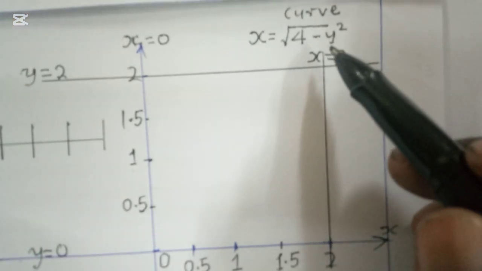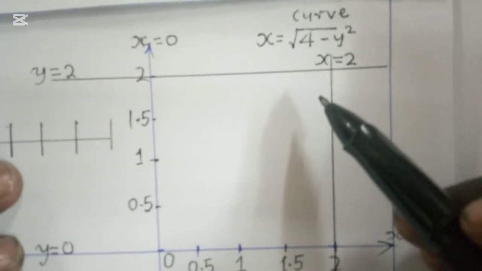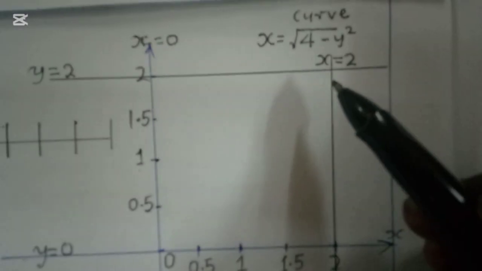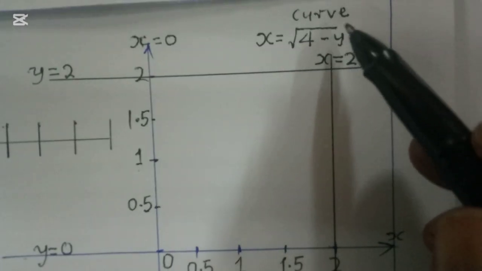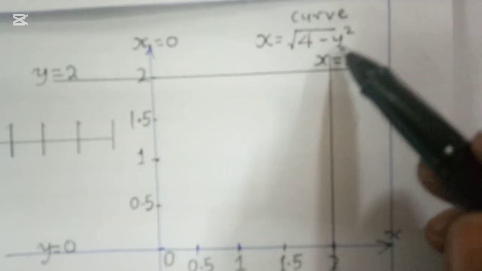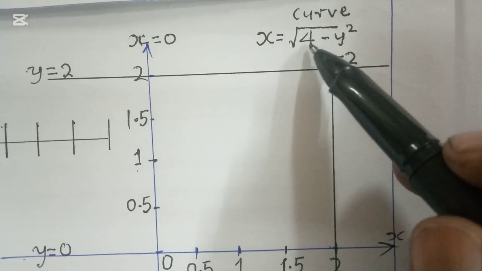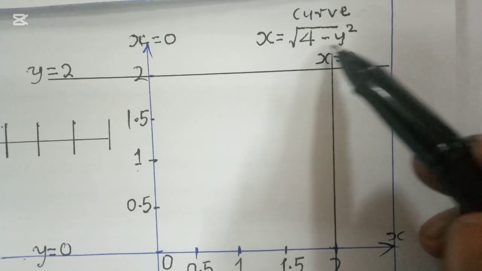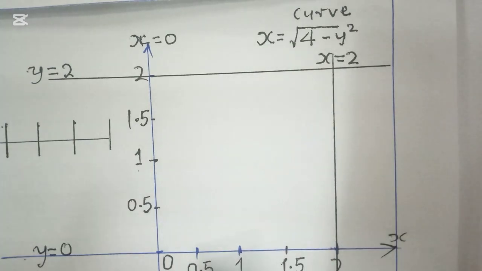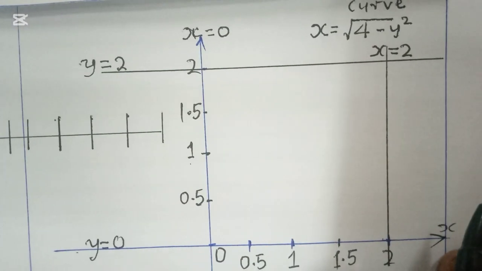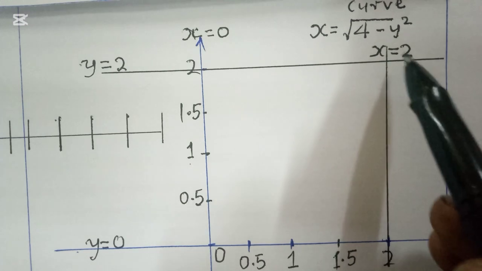To find that maximum point, we put the value 0 here and get 4 under the root. So we can now draw a graph and identify different points.